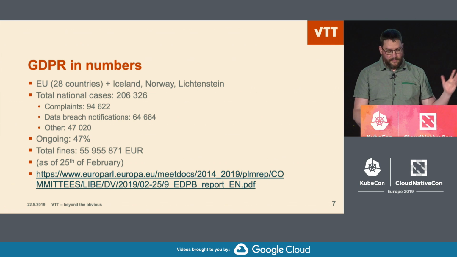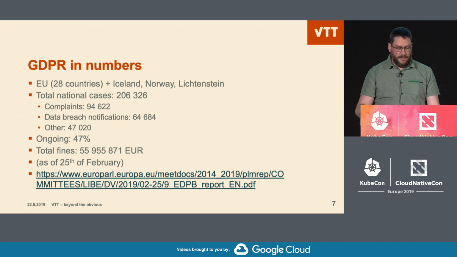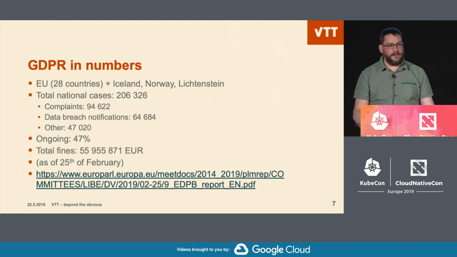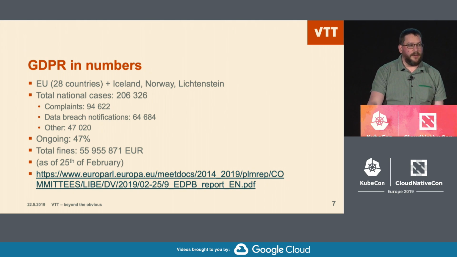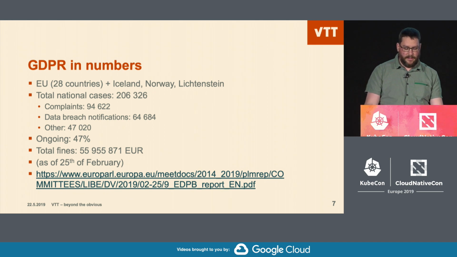Out of this, almost 100,000 are complaints from users. Then around 65,000 are data breach notifications, when companies realize that something went wrong and notify the authorities. And then the other is about 50,000.